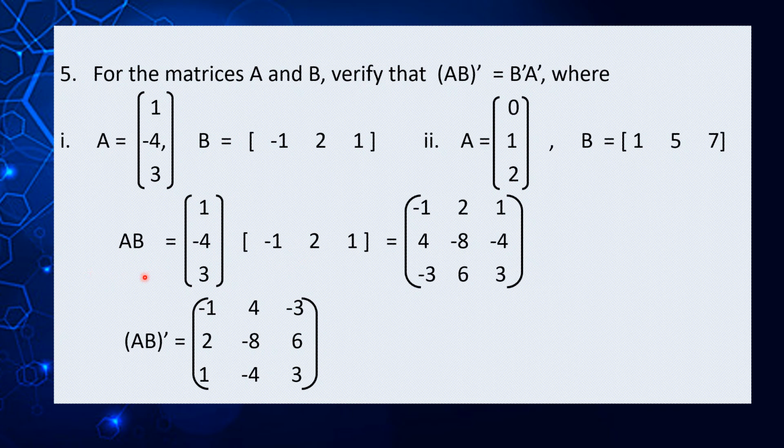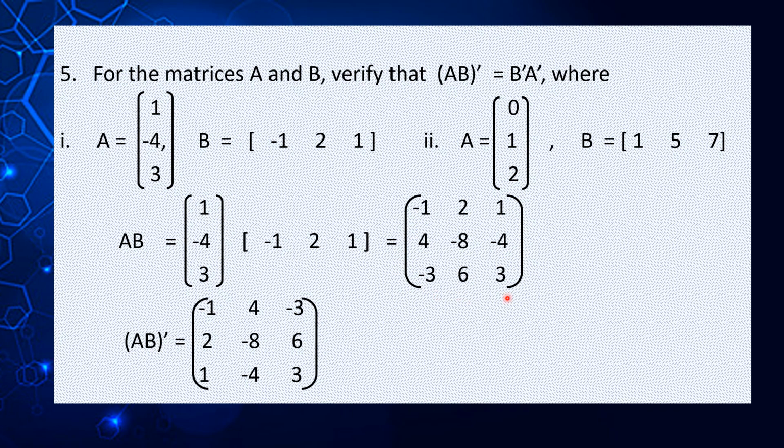So first consider AB is equal to 1 minus 4 3 into minus 1 2 1. Now we would multiply with each other. It would be minus 1 into 1 is minus 1, 1 into 2 is 2, 1 into 1 is 1, and minus 4 into minus 1 would be 4, minus 4 into 2 would be minus 8, minus 4 into 1 would be minus 4. 3 into minus 1 would be minus 3. 3 into 2 would be 6. 3 into 1 would be 3.